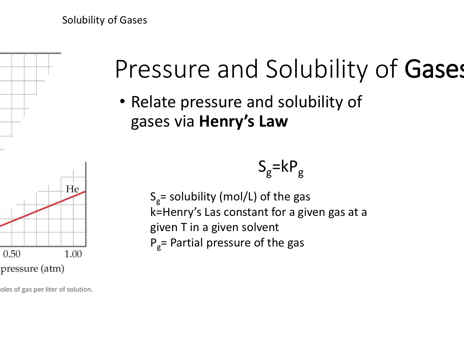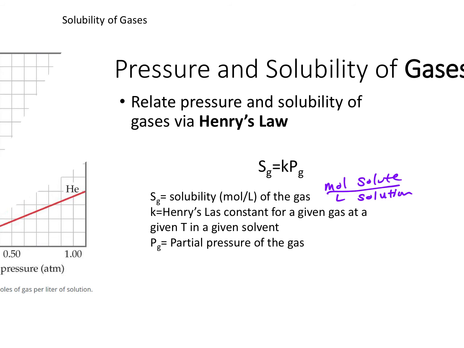So just for one unit clarification here, this is kind of unclear. The solubility is moles of solute per liter of solution. Okay? And the Henry's law constant is only going to be for a given gas in a given solvent at a given temperature. Okay.